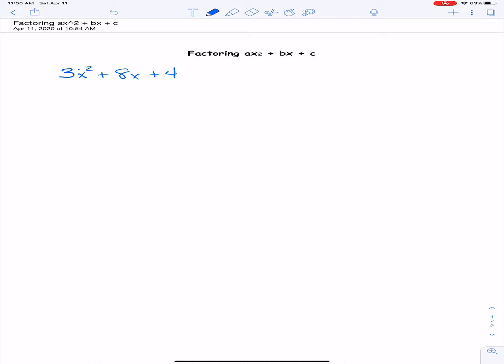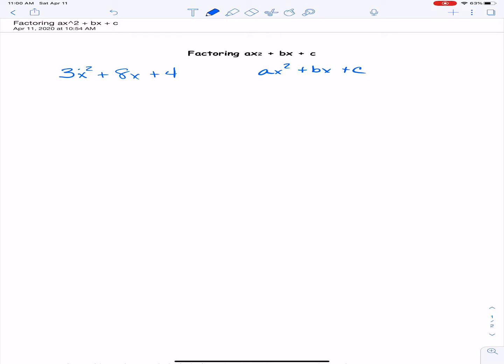There is a form called the standard form, which is ax squared plus bx plus c. We need to make sure that we know what each one of the letters is before we begin. This is going to be really important later on when we talk about the quadratic equation and solving quadratics.